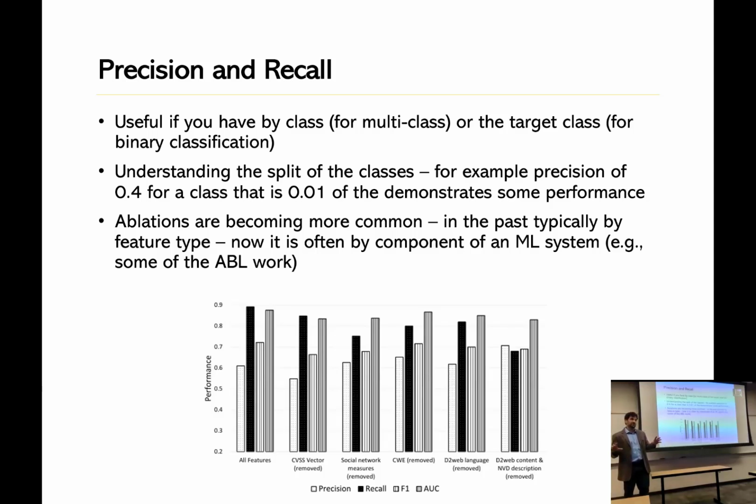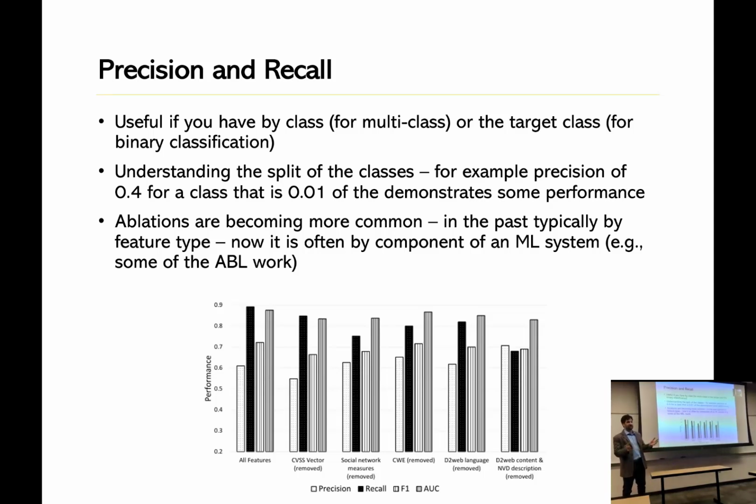But when you examine precision and recall for individual classes, you should also state what the split of the classes is. If I'm getting 0.4 precision and that class represents 1/100th of the data set, it may actually be quite good. It's likely something that's tough to predict.